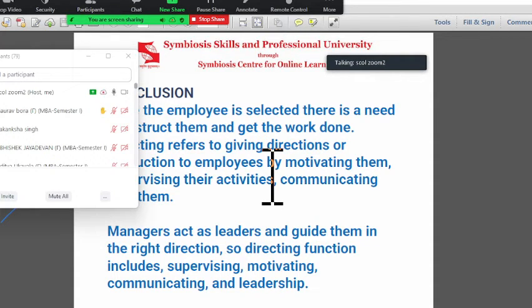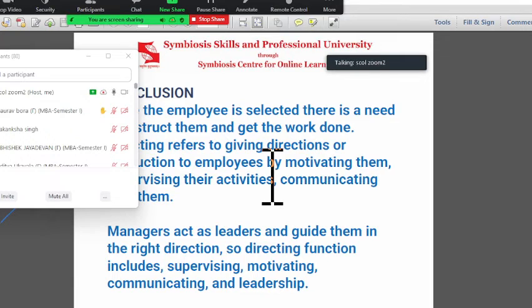Probably he doesn't have anybody working under him, right? There is no other team worker. Probably colleagues will be there. He might support them, or he might help them out in certain things which they are not able to perform. But that cannot be counted as direction, because he doesn't have the authority.